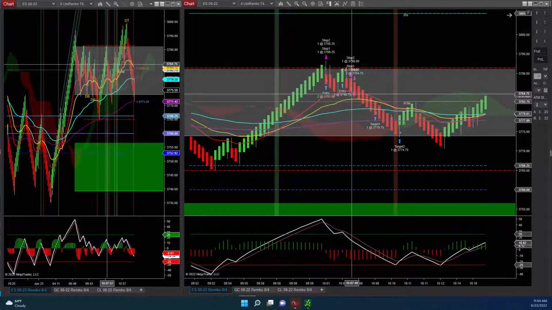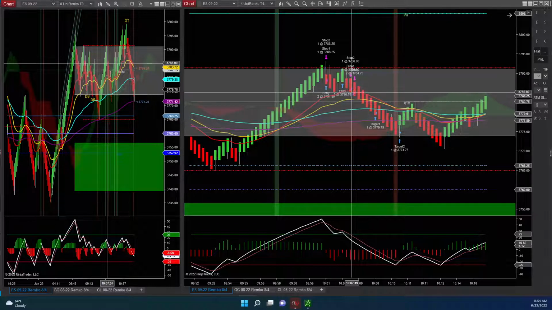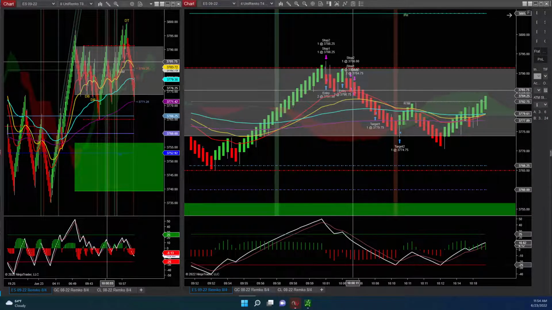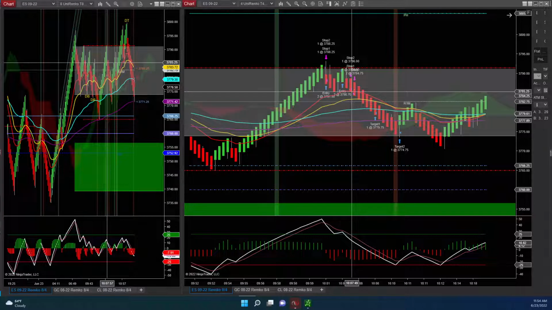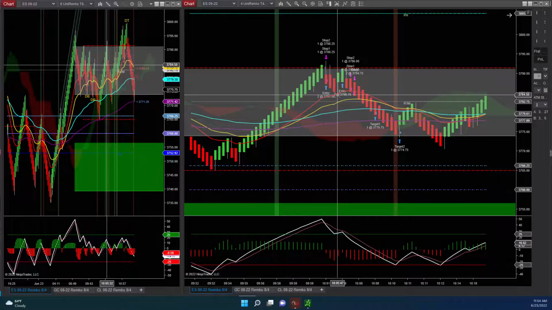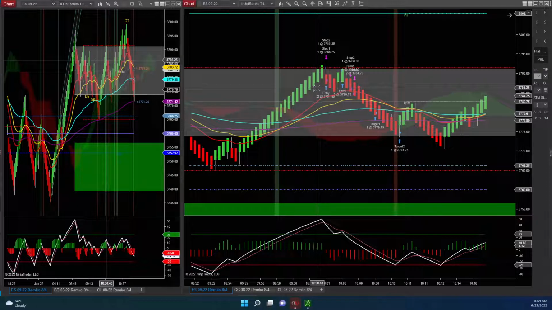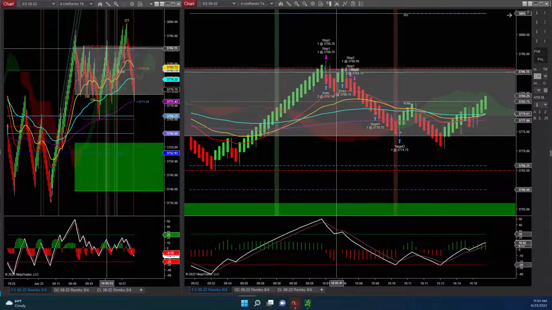Then I took this entry right here when it was breaking below the 21 EMA, and it was breaking out of this wick right here. It was a kind of fake or failed bull move.